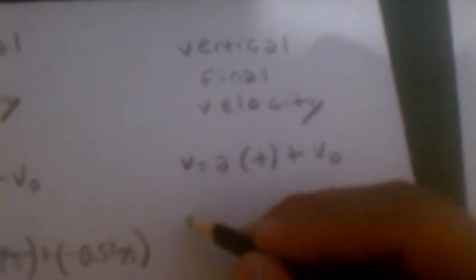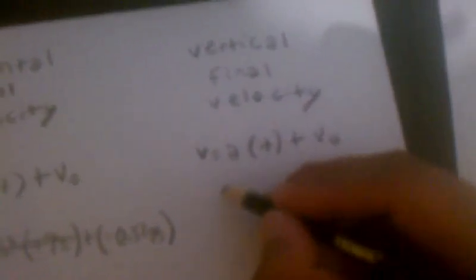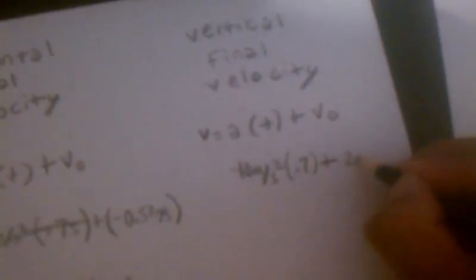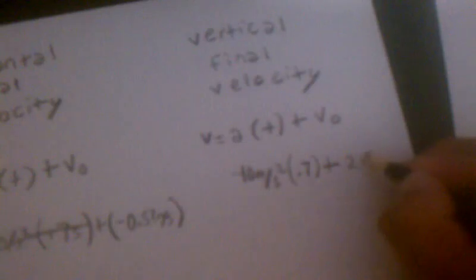Now to find the vertical velocity. So the vertical acceleration is always at negative 10 meters per second squared, simply because of gravity, and the time was 0.7. And the initial velocity we said was 2.9 meters per second.